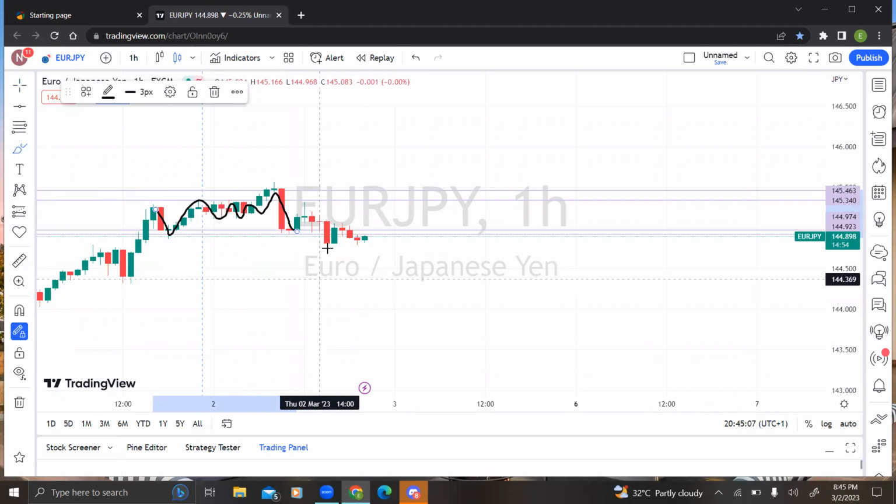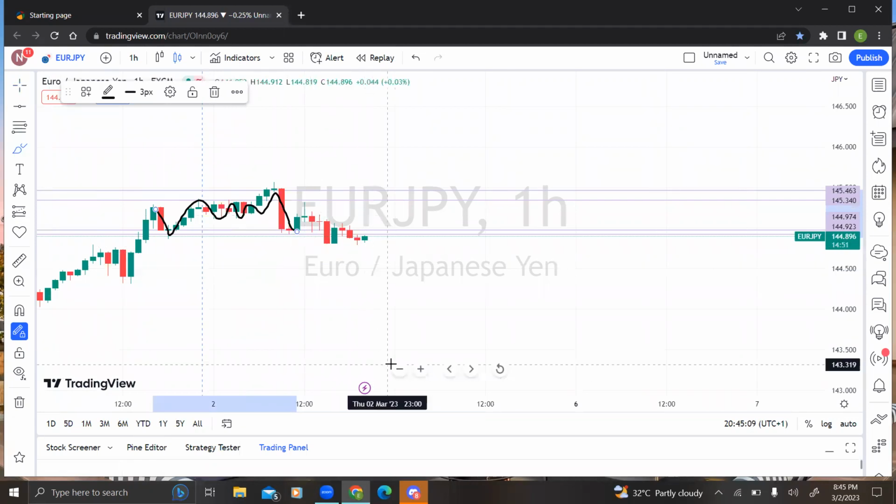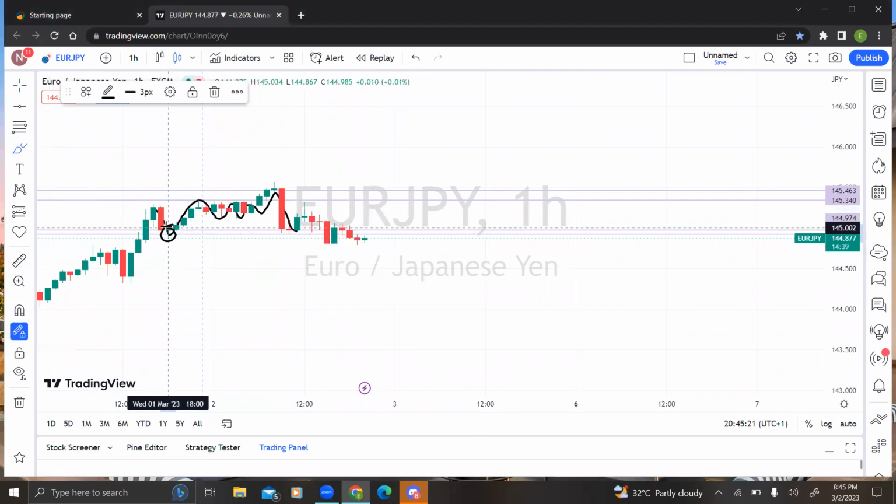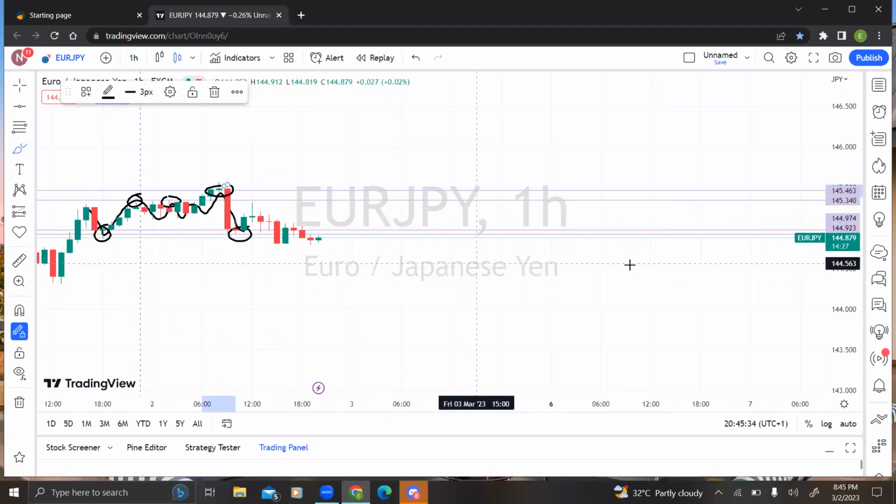How many times do we say we need to identify a support area to validate it as a zone? 2 or more, right? So we have one here, we have another one. Can we not validate that as a zone? For the resistance, we have one, we have another one, and we even have another one. Can we not validate these areas as zone?